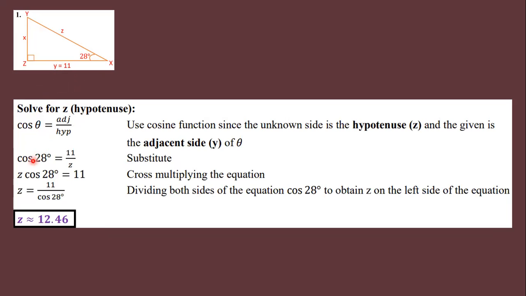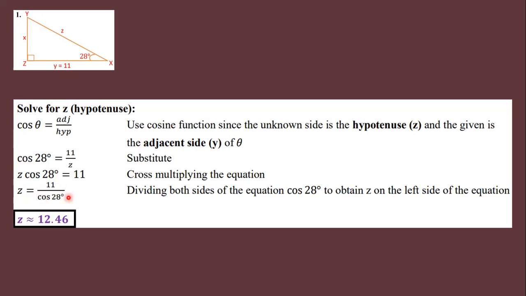As we substitute the given, cosine 28 degrees is equal to 11 all over z, which is the hypotenuse. We cross multiply the equation. Therefore, z times cosine 28 degrees is equal to 11. But we need to divide both sides of the equation by cosine 28 to obtain z on the left side.